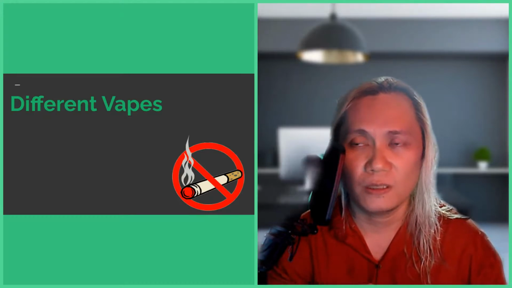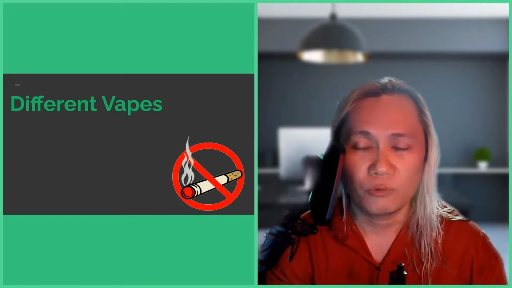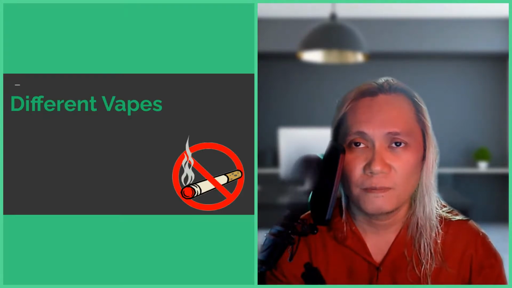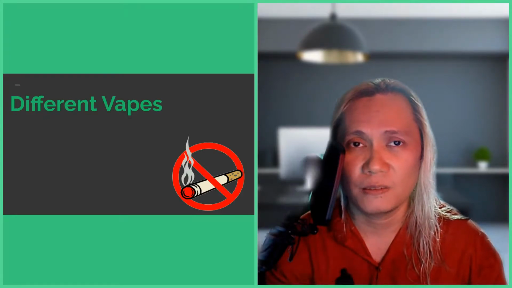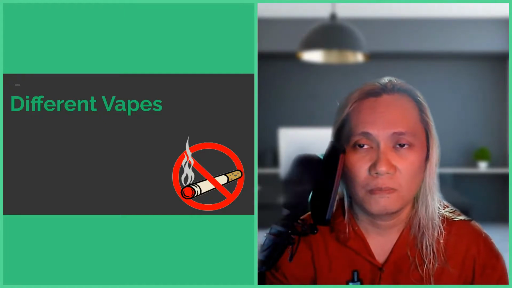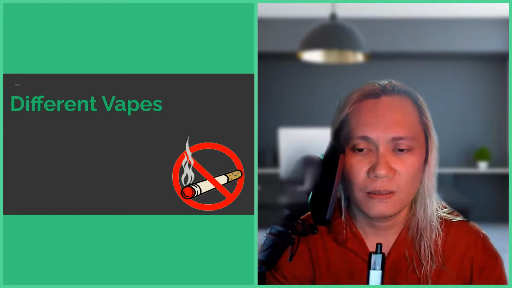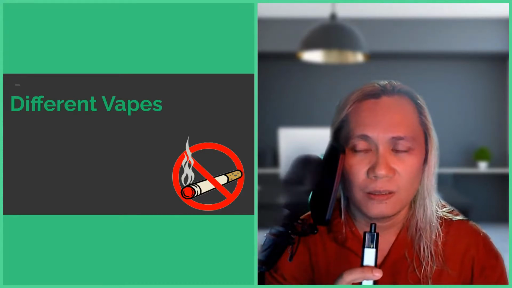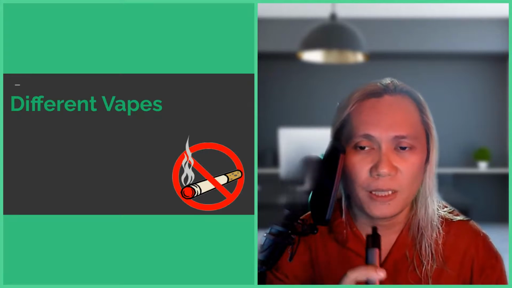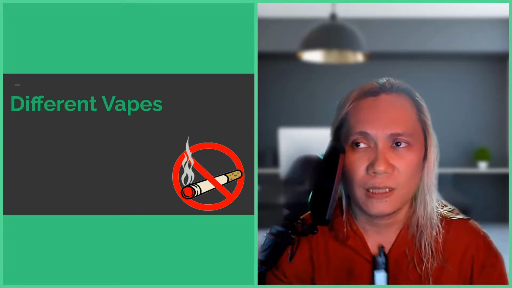You can just use the regular filter. So another advantage there. Let's say your brand is Marlboro Red. You still get a taste of that, or a menthol brand. You still get a taste of that while you're doing this. That's the advantage there.